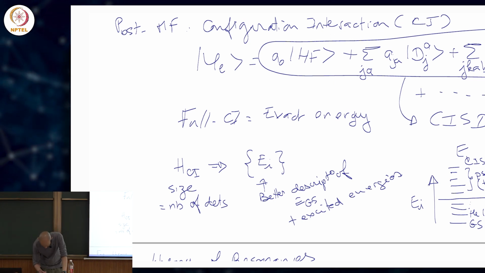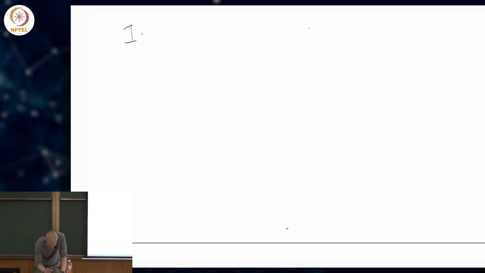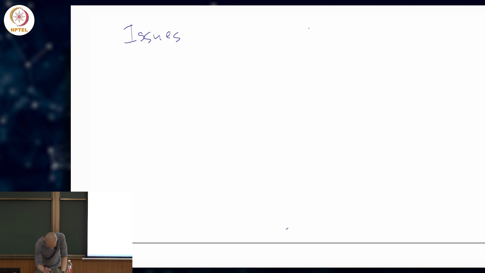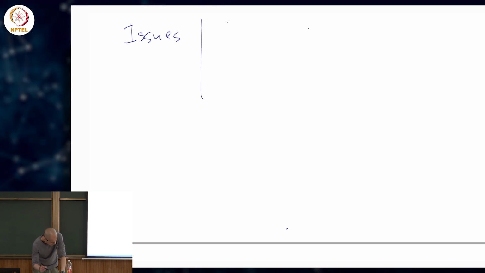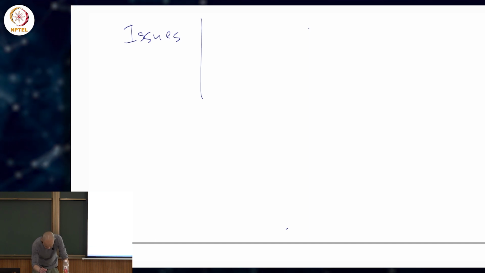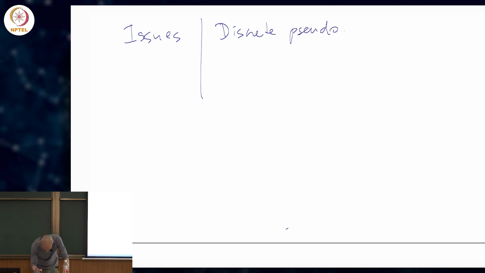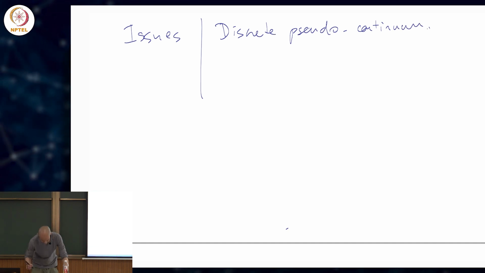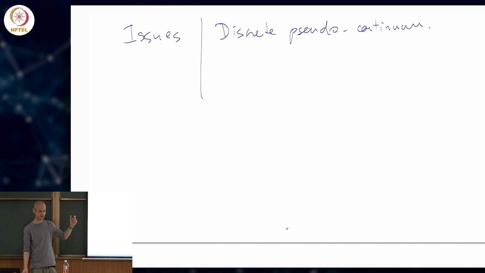So there are two issues with using the CI method here. The first issue is that, well, we have a discrete continuum. We don't have the continuum at the right energy.